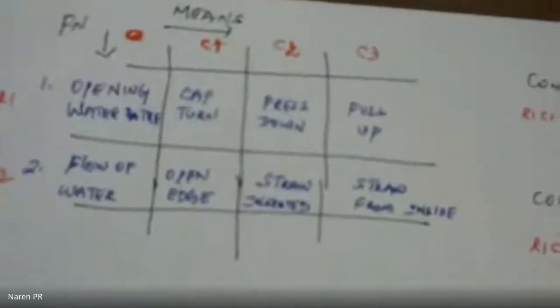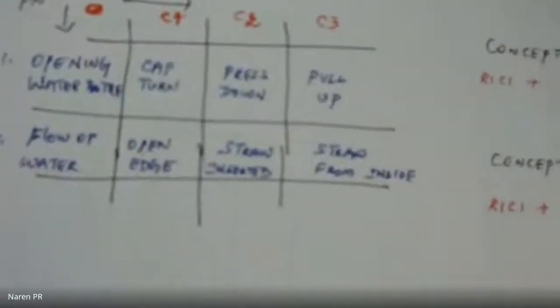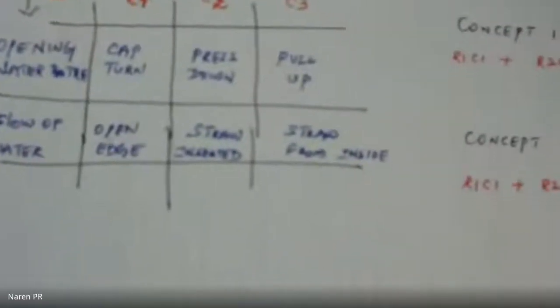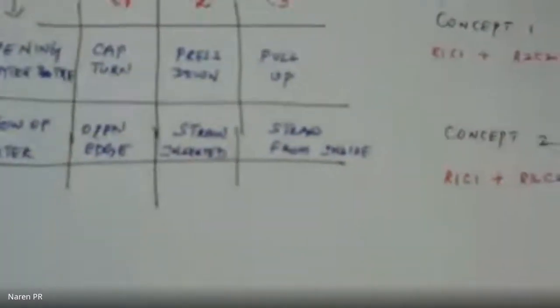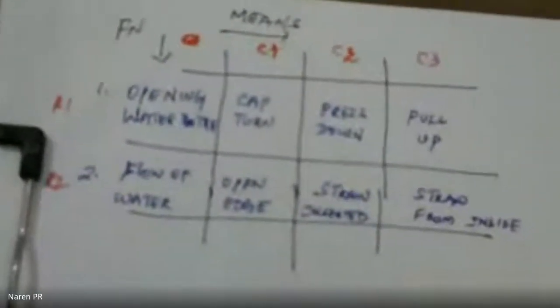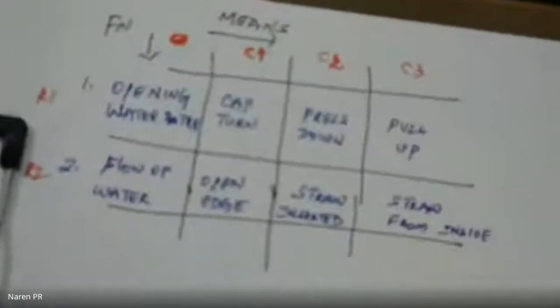So the point is, objective and function tree, most of you are clear, but the only thing is in the function tree many are not showing the sequence. You have to show the sequence either as arrows, or you can put numbers, whatever it is.